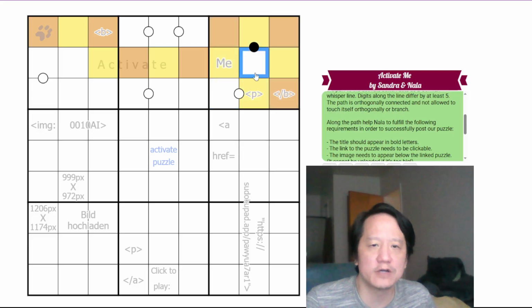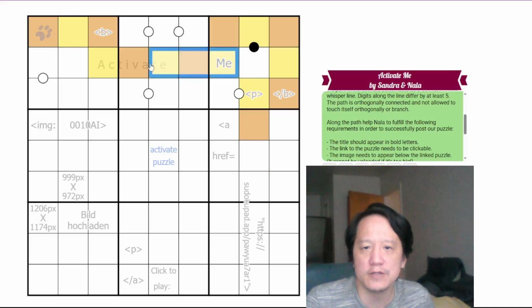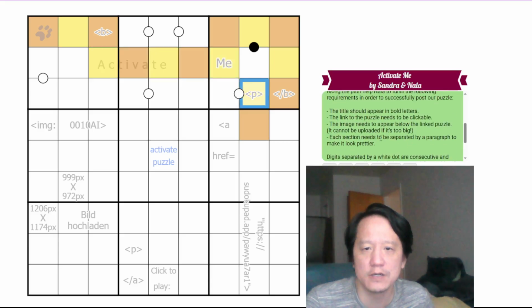So in this upper right-hand box, we cannot go this way because that would be touching itself orthogonally. So we have to go this way. So that's orange. So we have the title. We have a paragraph in between the title and the link. Then we need the link. So this is the start of the link. Yellow, orange here.